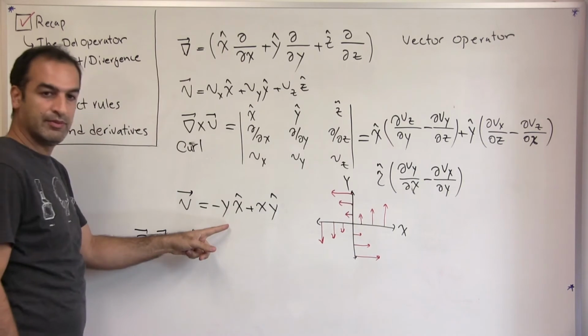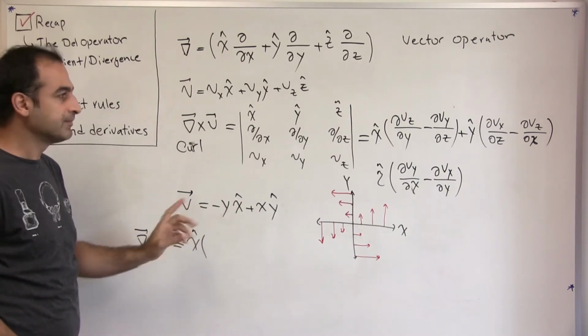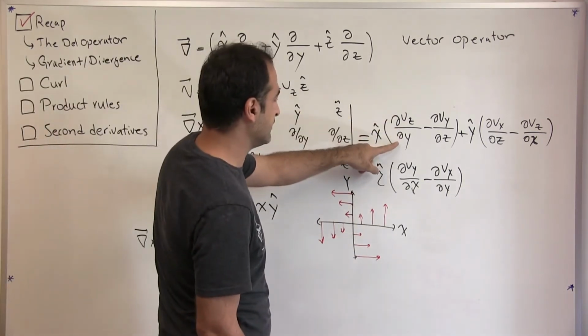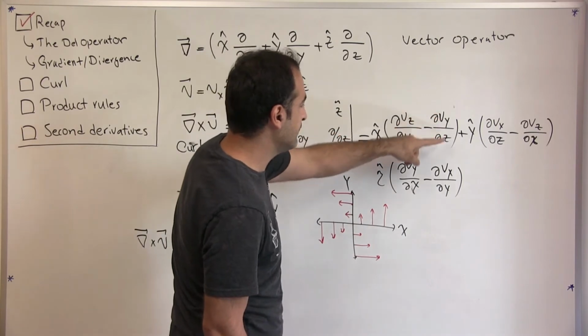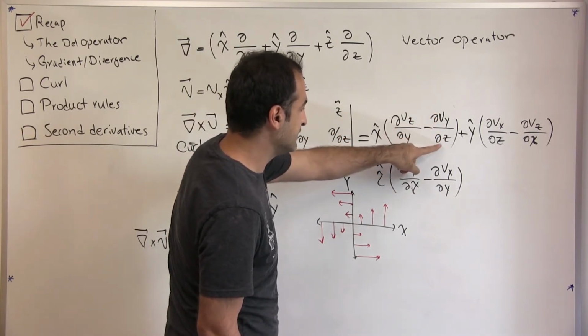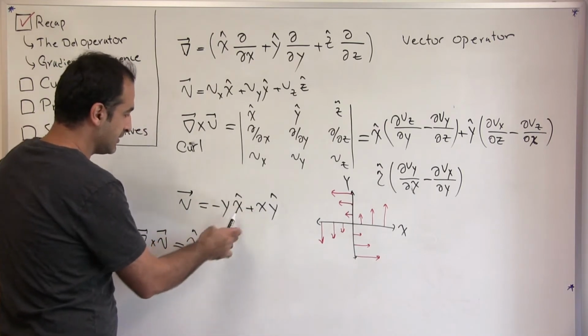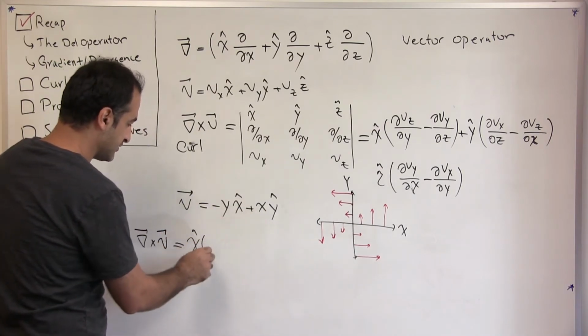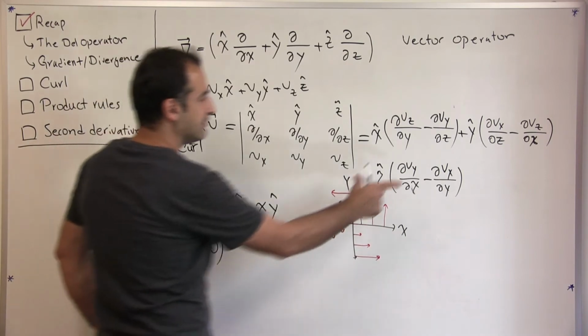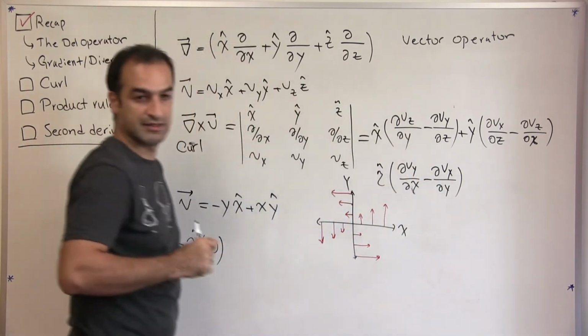Is there any z component? No. Okay, so dvz is just 0. And then we have dvy over dz, okay? Is there any z dependence in the y component? No. So for the x component, both of these derivatives are 0.